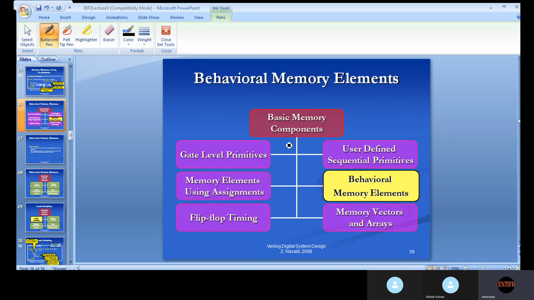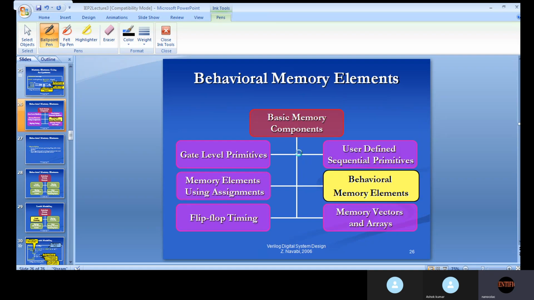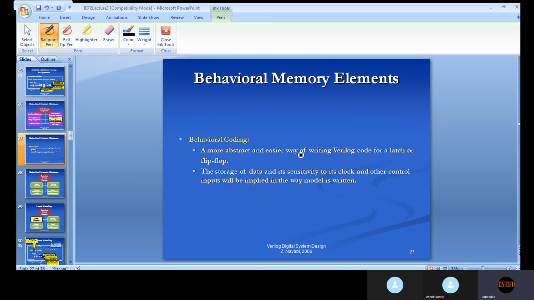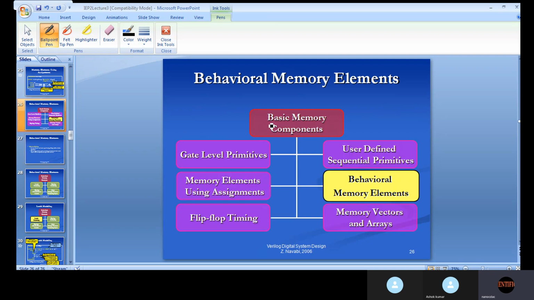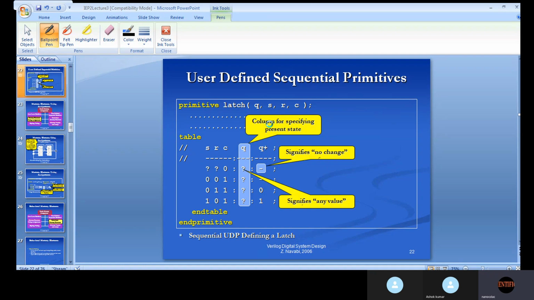So tarvat memory element, this is one memory element design. So next one is behavioral memory element ante, so we have to do the behavioral coding. So this is the more abstract and easier way of writing Verilog code. Adi oka UDP, ma idi oka, this is one user defined primitive ila rastam annamata.